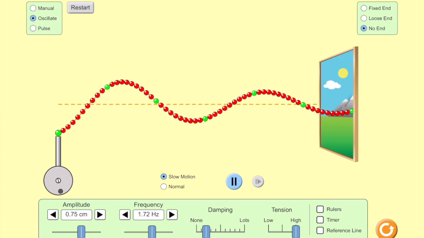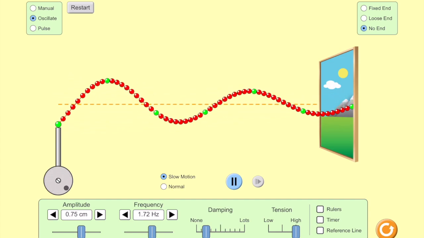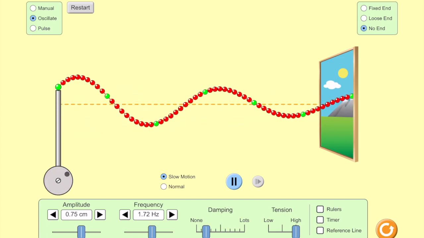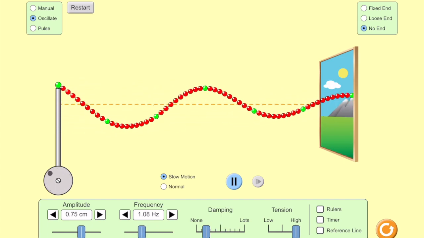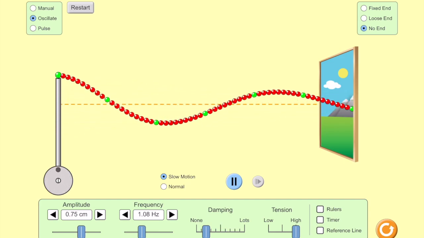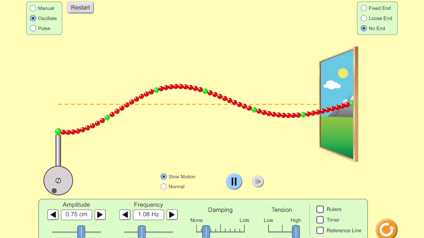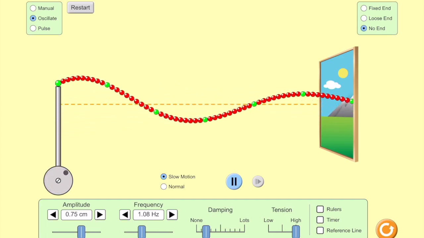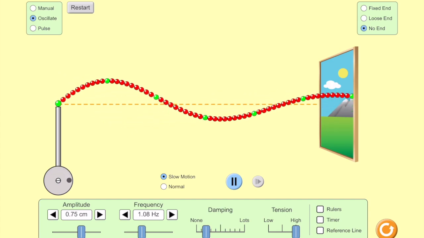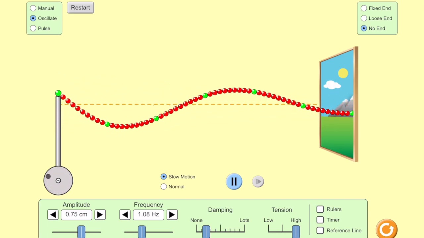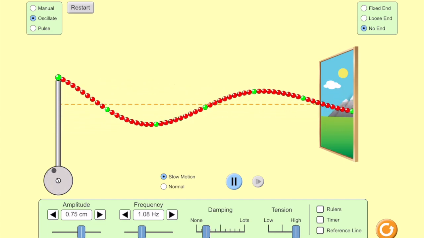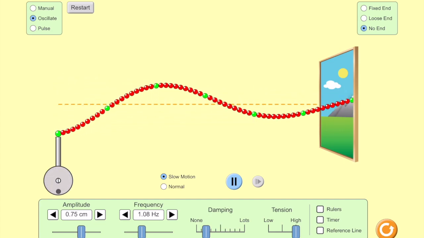I don't know, that's kind of hard to see. Let me see if I can slow it down a little bit more. Oh, that's not it, my bad. So essentially, if I'm forming the peak over here, this particle, as that peak moves, is being pulled up with it, right? As that wave propagates, as those peaks move to the right, the particles that were at the bottom get pulled upwards so that they can form a continuous peak.